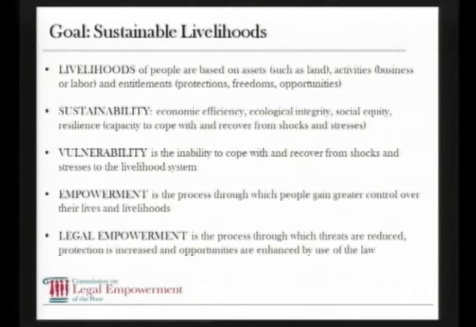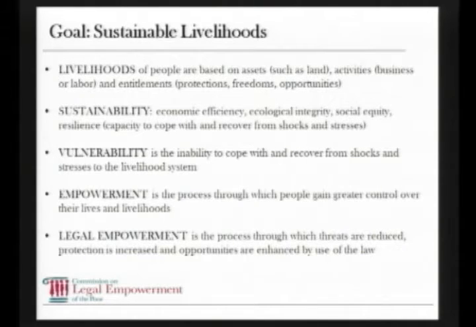These are the three key phrases, and the links between these three is what I describe here in this slide, where sustainability, as we know, based on these traditional three things of economic effectiveness, ecological integrity, and social equity, together with the capacity to recover from shocks and stresses. Vulnerability is the reverse of that, really.